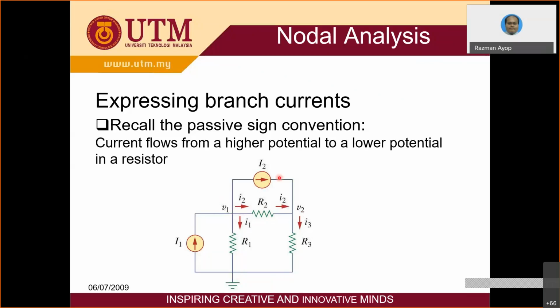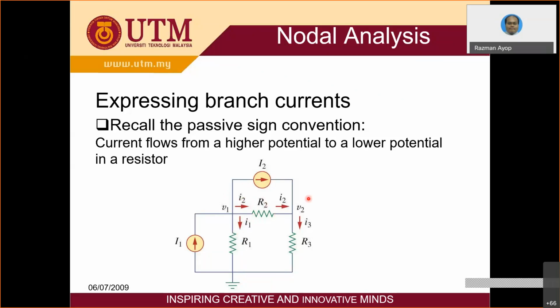If the direction of current is not assigned yet, you assign it as going out from the node. If you look at V1, it will go out of the node, and I2 also goes out of the node.